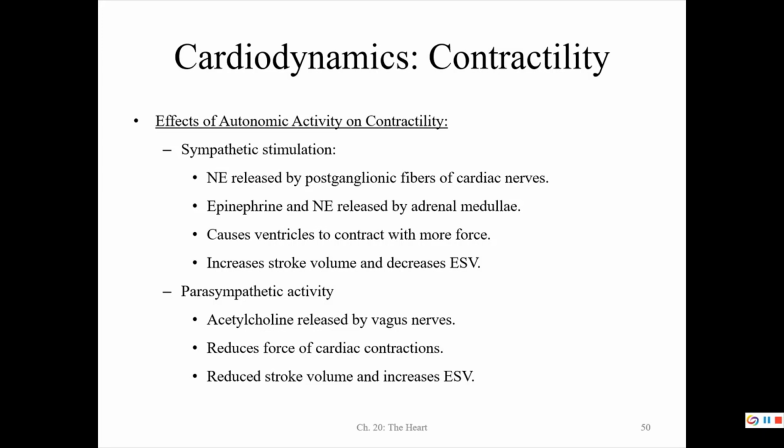Parasympathetic acetylcholine by vagal stimulation reduces cardiac contractions. And this reduces your stroke volume and increases ESV. But if you are squeezing harder, stroke volume goes up and ESV goes down.